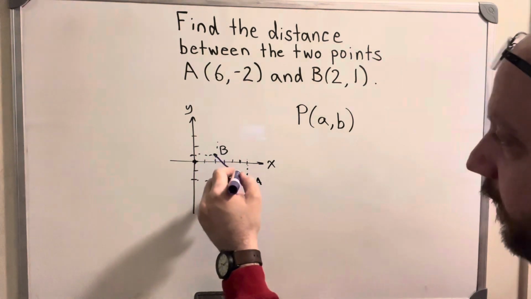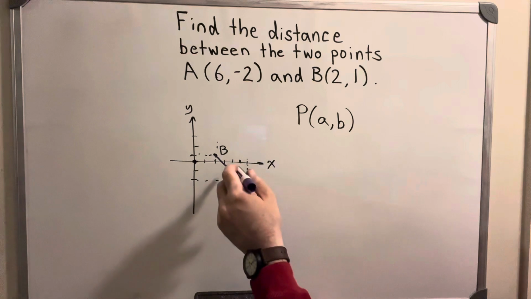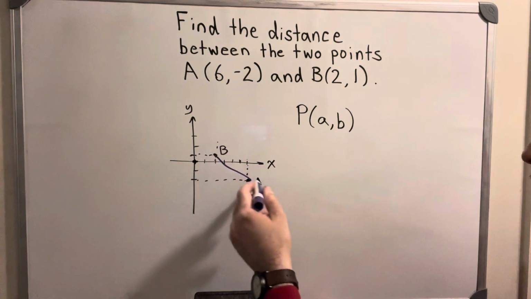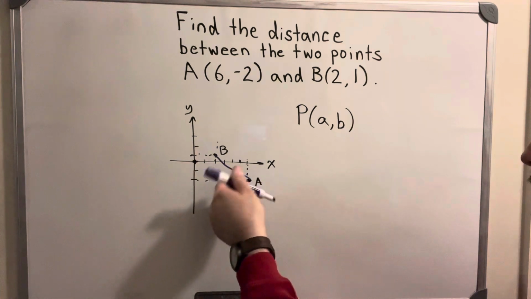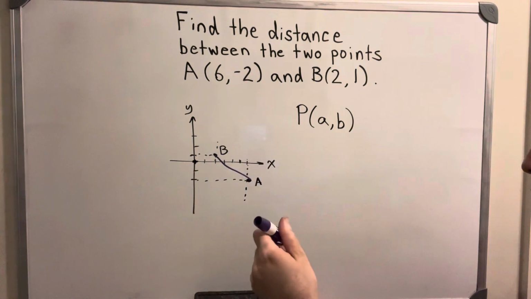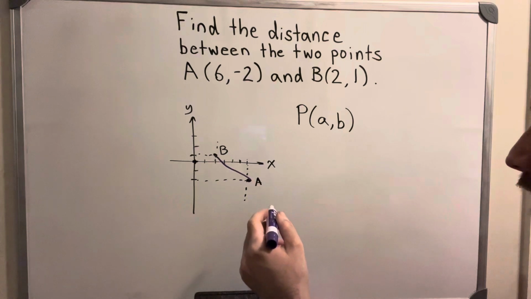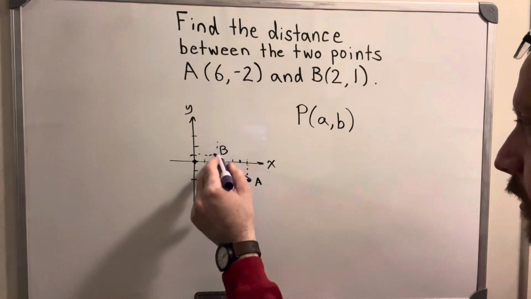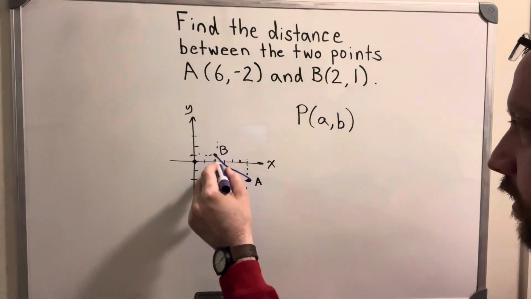My drawing is not great. How do we find the distance of this? If these were both on the same horizontal or the same vertical, it would be extremely easy. Fortunately, we can draw some extra construction lines here.